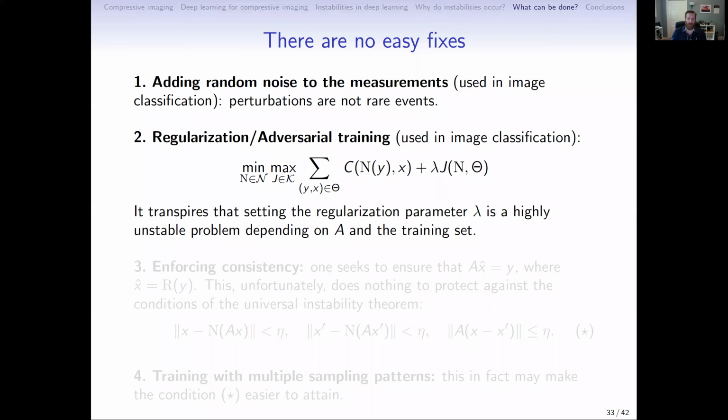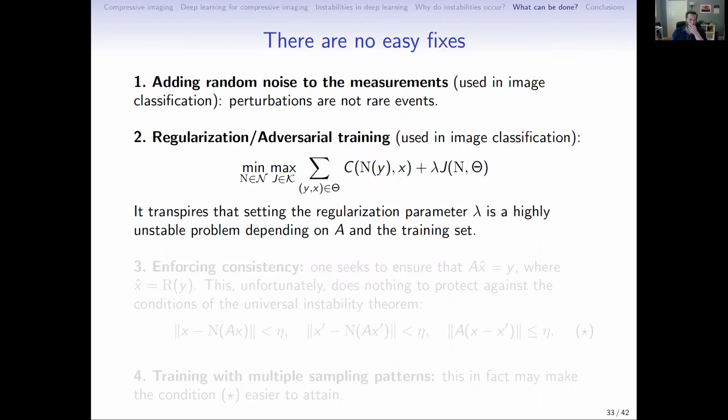In your training, you set up an adversarial game where one player tries to train the network that accurately recovers the images in the training set, and the other player tries to construct bad perturbations of those images to badly affect the network trained by the first player. Then you iterate between these two things, and you hope at the end of the day you get something that's more robust to perturbations.